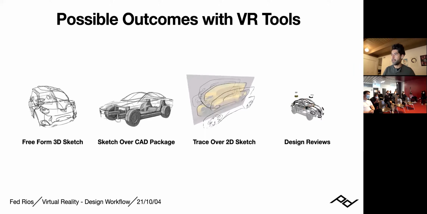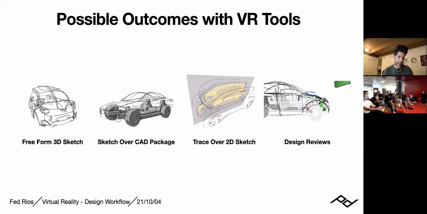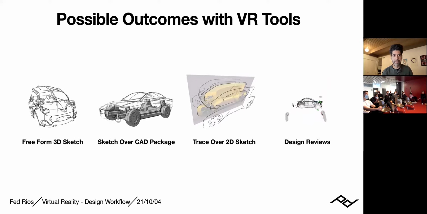Cool. So the way that the software works today, there's several different outcomes that are possible with the VR tool. These are some of the 4 that they highlight that I use quite often and that are very good. I'll give you a quick explanation on all of these. First is freeform sketching.